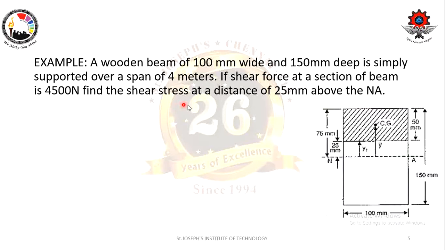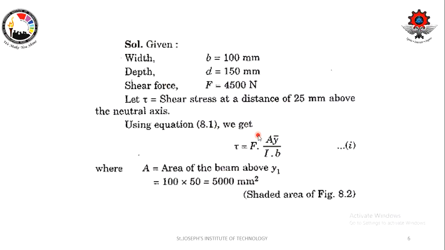They have told us to find the shear stress at a distance of 25 mm from the neutral axis, that is y1. They have given y1 to be 25 mm. So at this particular junction, we are supposed to find the shear stress. So let us look at the solution of the problem. See, they have given the width, the depth, and the shear force.